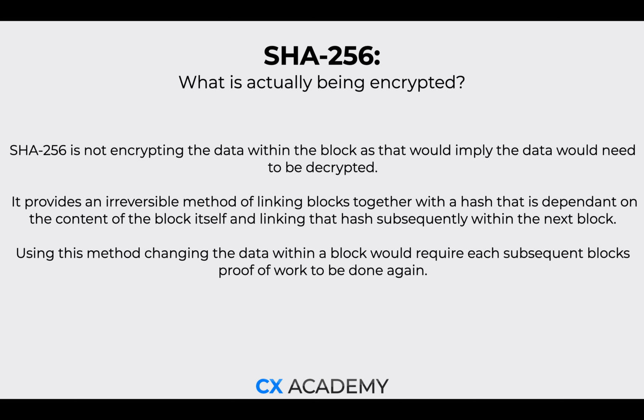It provides an irreversible method of linking blocks together with a hash that is dependent on the content of the block itself, and linking that hash subsequently with the next block. Using this method, changing the data within any block would require each subsequent block's proof of work to be done again.